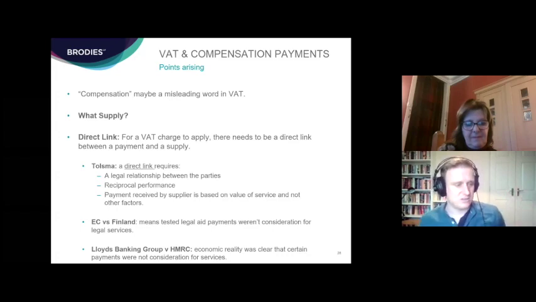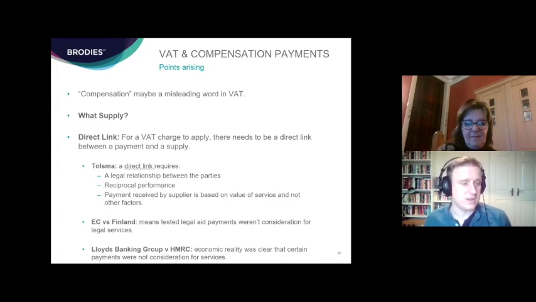In that case, means-tested legal aid payments by clients to their solicitors. So someone would qualify for legal aid, but may have to make top-up payments based on their own financial circumstances. These weren't treated as consideration for legal services because those payments weren't based on the value of the legal services, but the ability of the clients to pay.